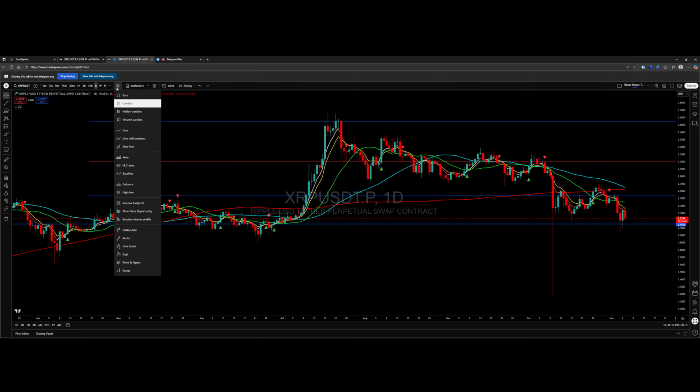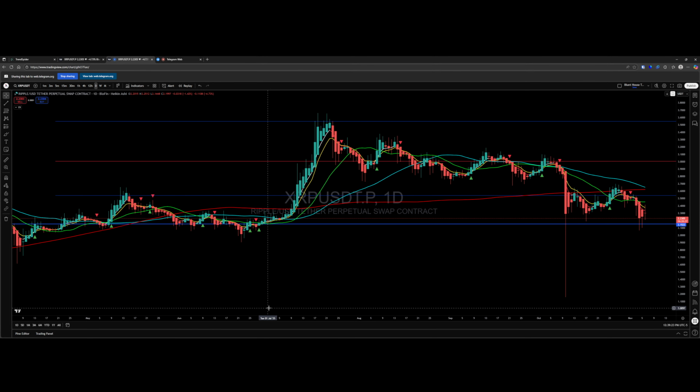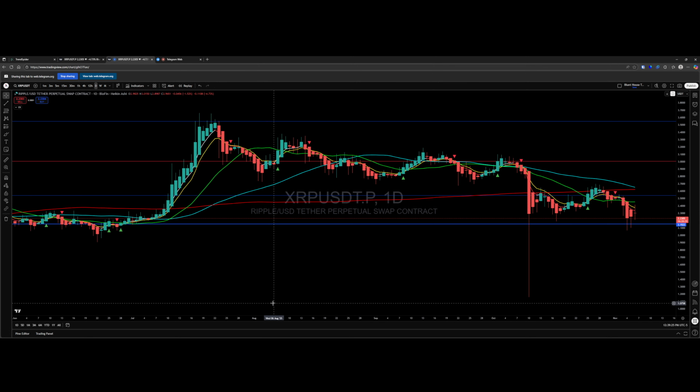Our friend Rico really likes the Heikin Ashi candles. Where are they? There they are. And they're great, right? I like them as well. I think they're great, especially for new traders. And then, ironically, I see a lot of traders that have been trading for decades come back to using Heikin Ashis later on.